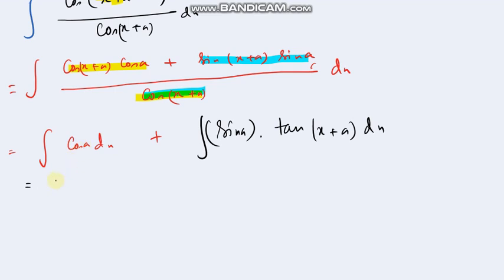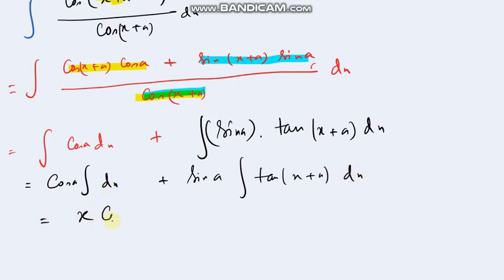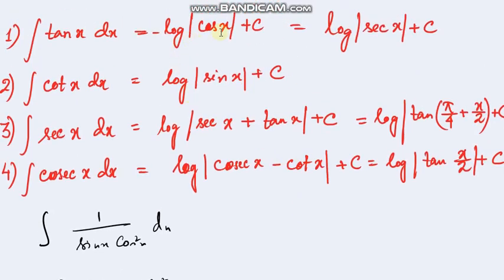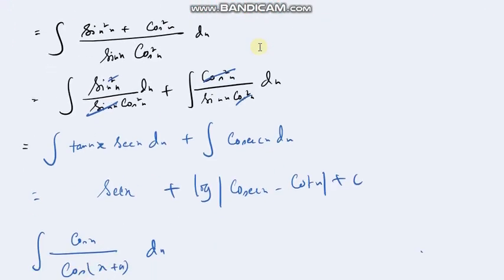So cos a is a constant term and goes outside, and sin a is another constant term and goes outside, that is integration of tan of x plus a dx. Integration of dx is x cos a plus sin a into integration of tan x, which we have already learned is minus log mod cos x, right?